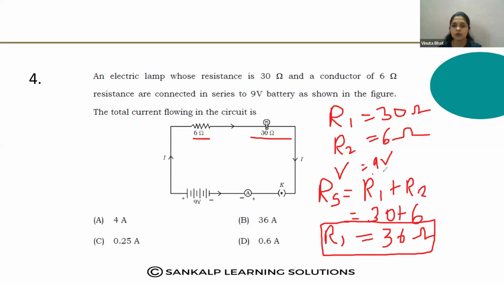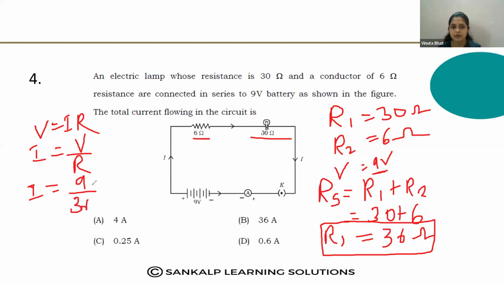We know the value of V. If you apply the formula V is equal to IR, here we don't know I, so I will write the formula like this: I is equal to V by R. Now I is equal to 9 divided by 36, that is I is equal to 1 by 4.